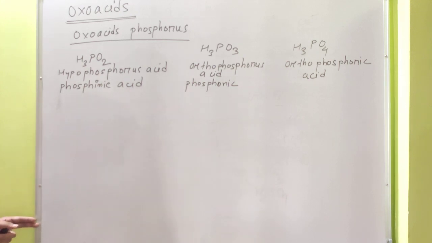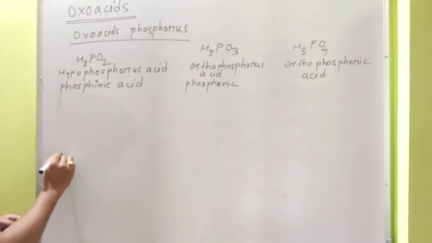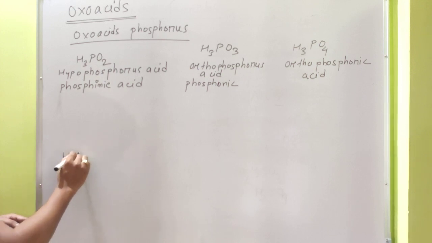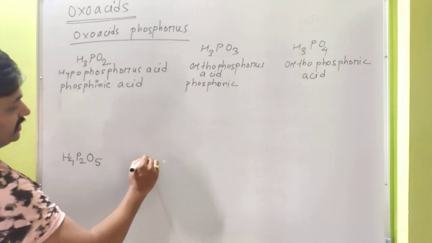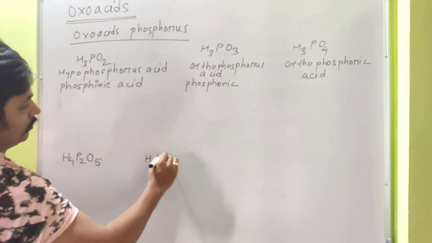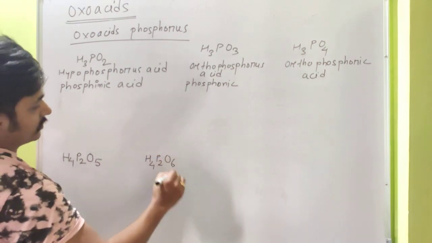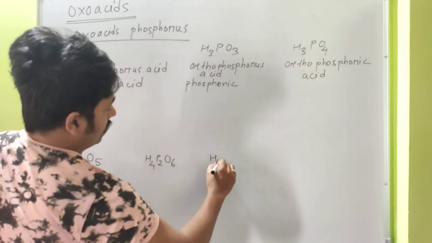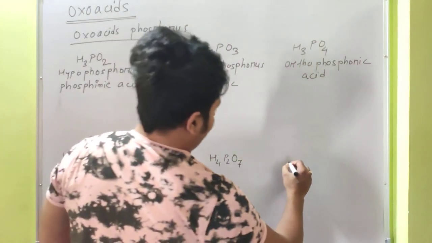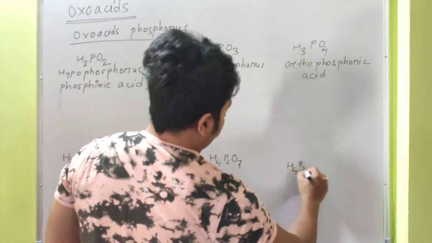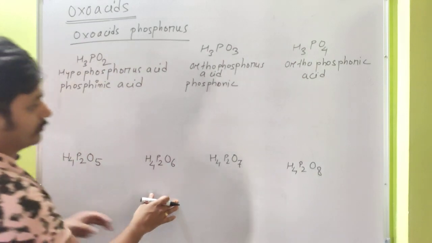Next, we discuss other acids in which two phosphorus atoms are present. These are H4P2O5, H4P2O6, H4P2O7, H4P2O8.